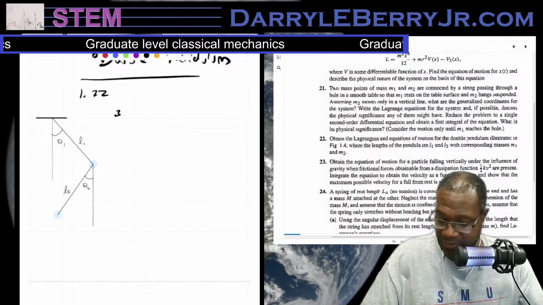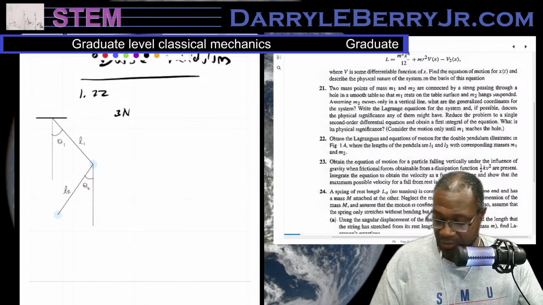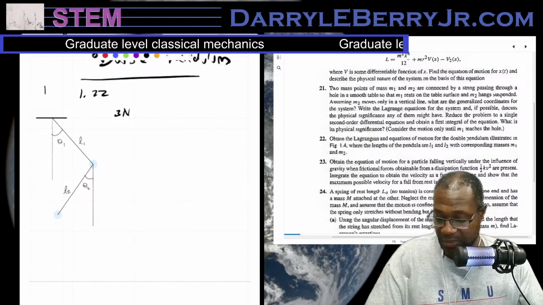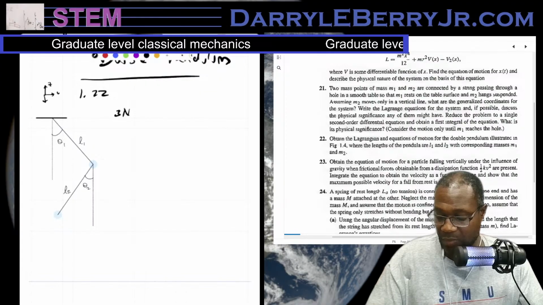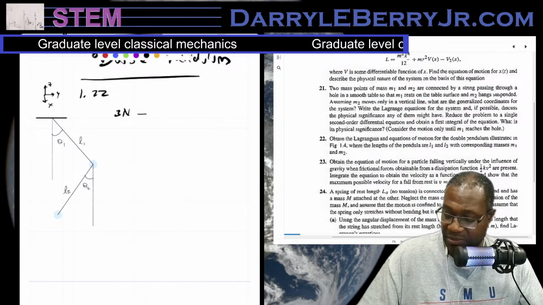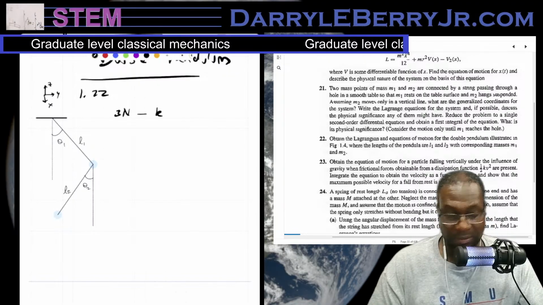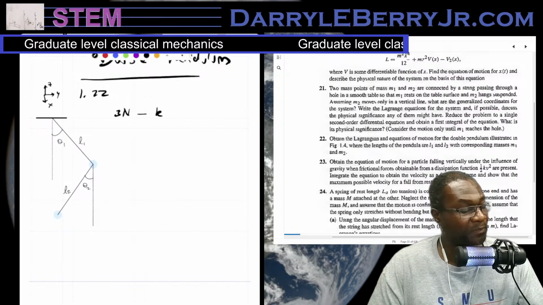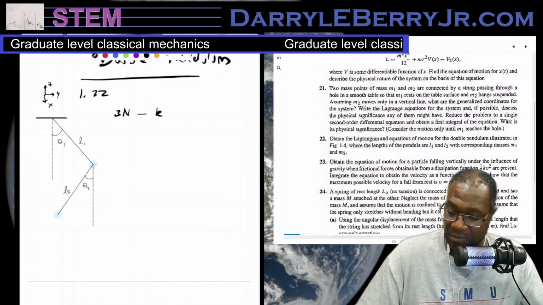So let's say that we have 3 degrees of freedom per particle, 3n. Each one can move in the x, y, and z directions. But we can actually subtract the constraints that apply to the mechanism.